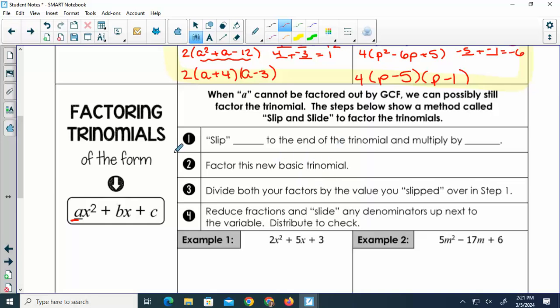So the first thing, we always have to look for a GCF, no matter what. If we don't have a GCF, then we are going to slip the coefficient, the a, to the end of the trinomial and multiply it with c.